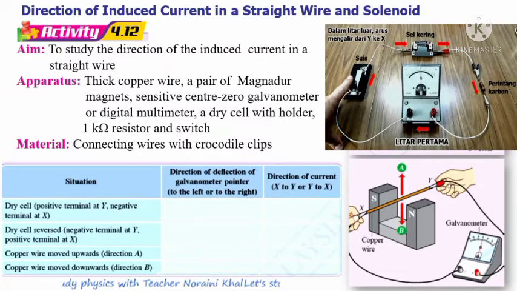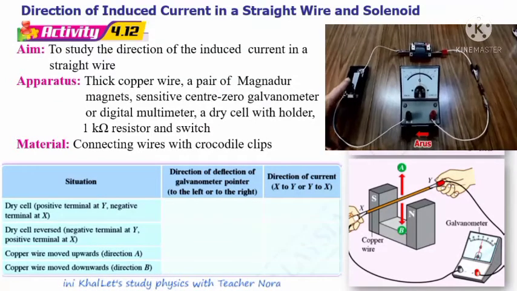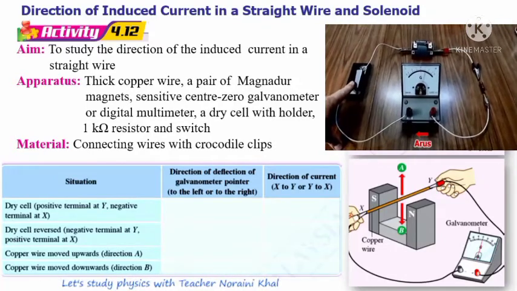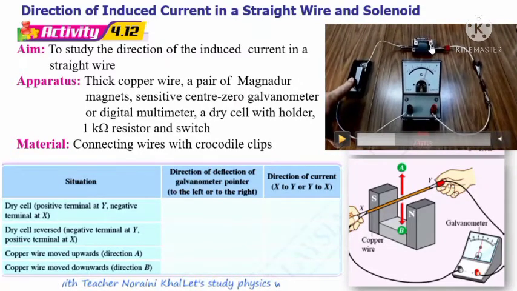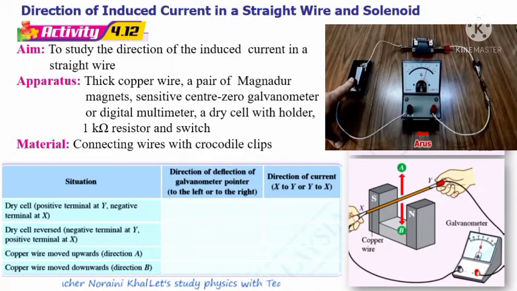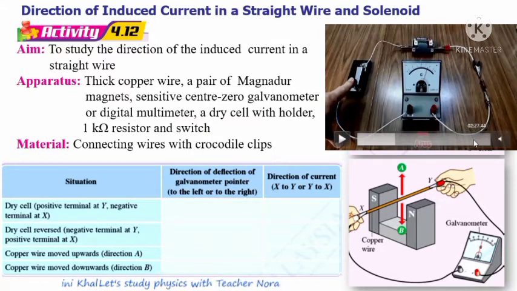Logically, as we have discussed before, current always flows from positive to negative. But in the dry cell, the current is flowing from X to Y. So look at the deflection of the pointer. When Y is connected to the positive terminal and X to the negative terminal, in the external circuit the current will flow from positive to negative.